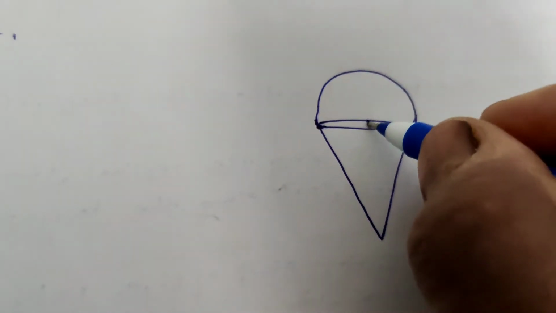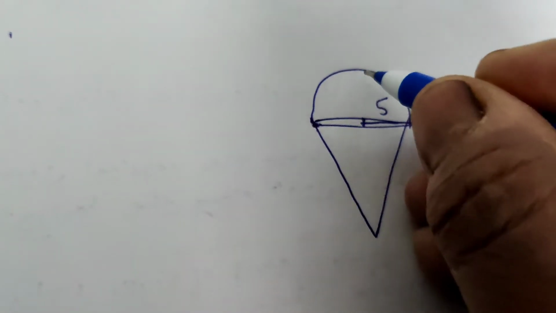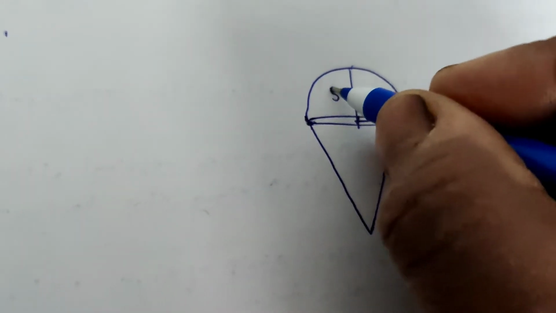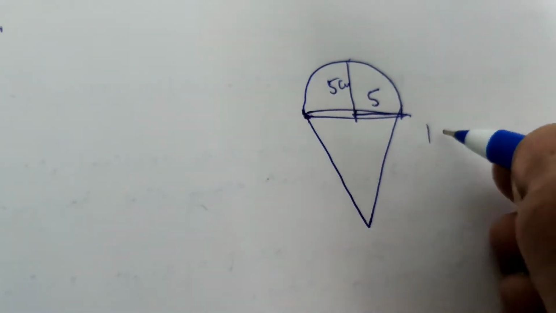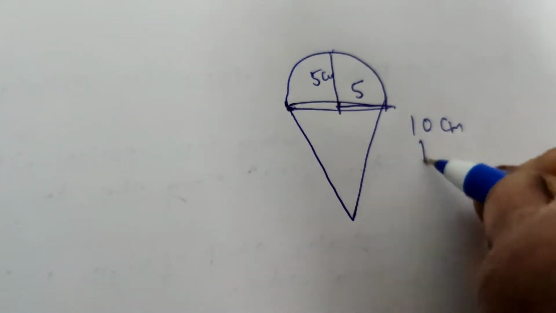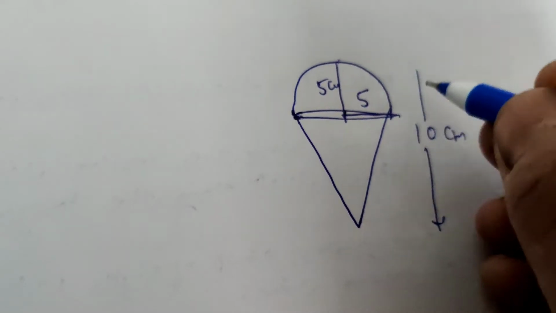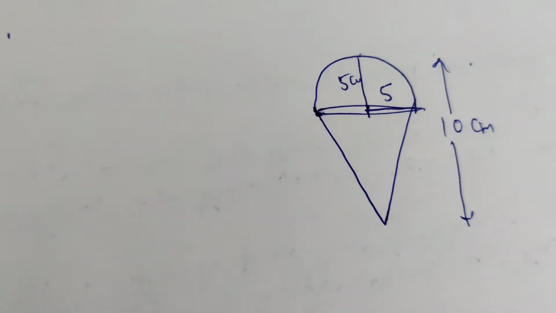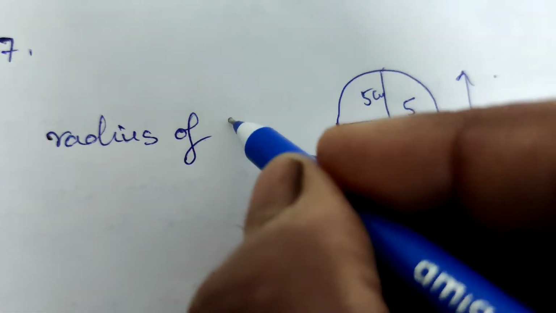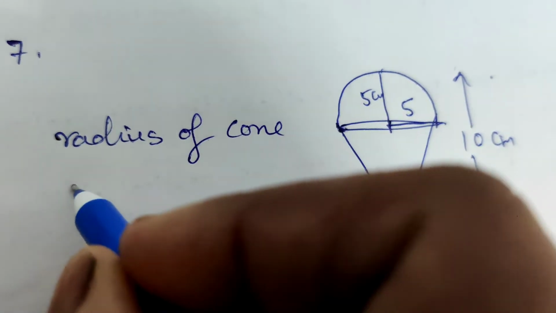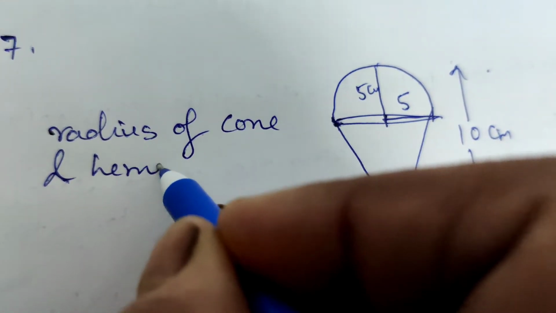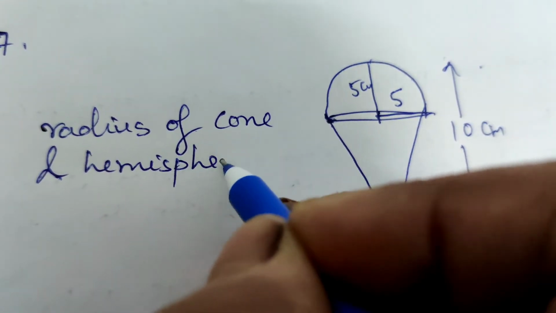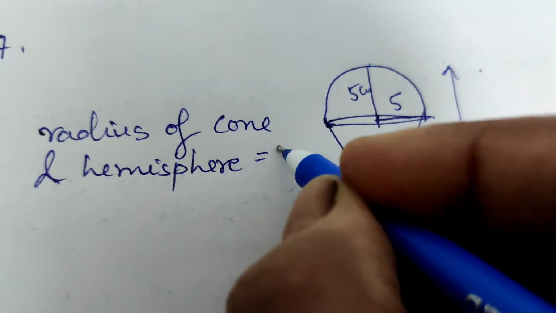The radius is 5 centimeter. This is the radius 5 centimeter. Okay, and the total height of the cone is 10 centimeter from here. Total height of the ice cream cone. The radius of cone and hemisphere equal to 5 centimeter.